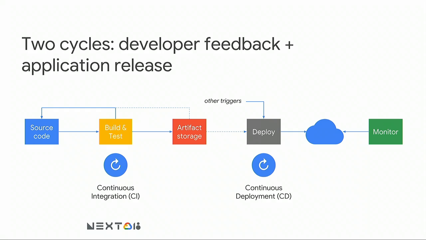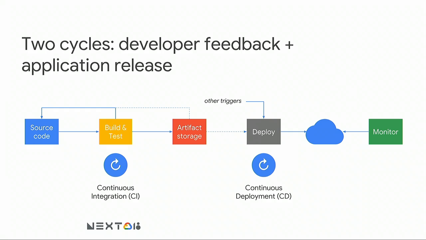And if you heard the Cloud Build announcement, Google's doing a lot in this space to provide great tooling to make that really easy and efficient. This is all about speed and efficiency and getting great information back to your developers as quickly as possible.